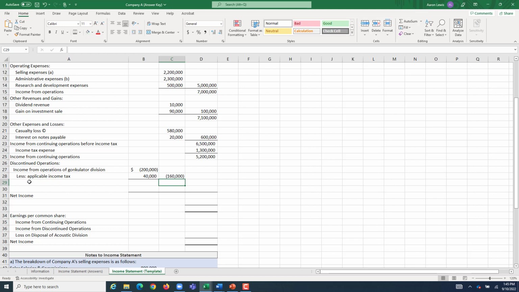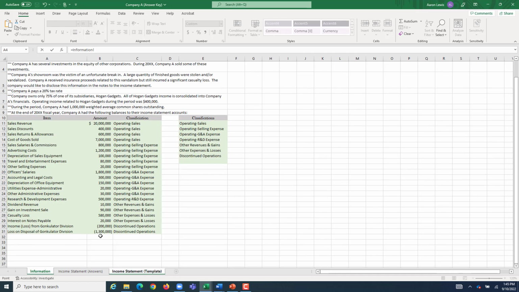We're going to do the same thing with the loss on disposal of the discontinued operation. Loss on disposal of the gonculator division. The loss that we had, which is massive, was $1.3 million.